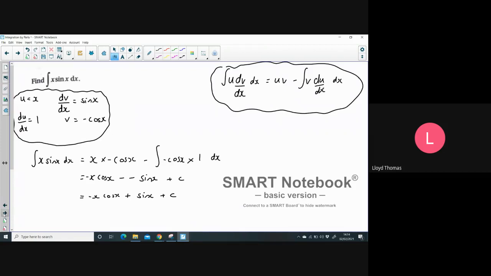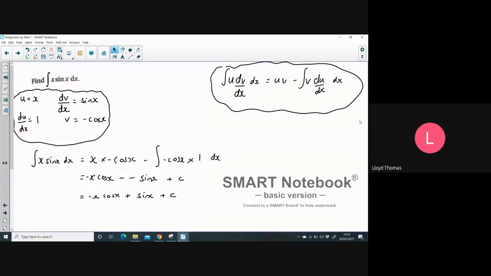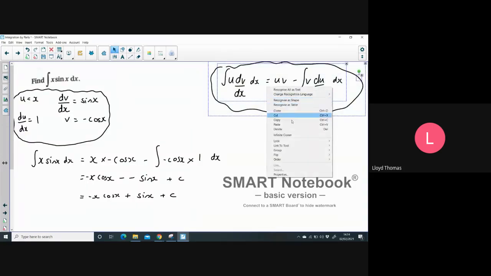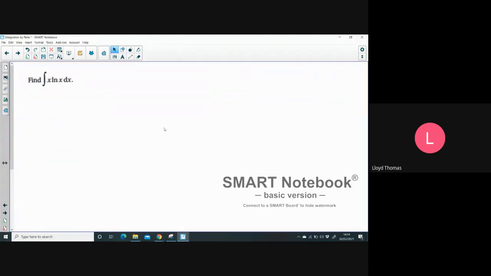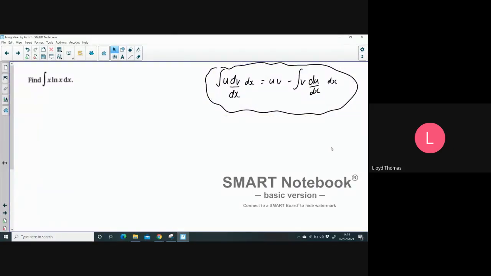Okay, example 2. I think there's four questions we're going to be doing today. Tell you what, let's put this formula here on every page. So I'll keep that up there, just a reminder. This time there's a bit of an issue. It doesn't necessarily appear obvious, but don't write this.